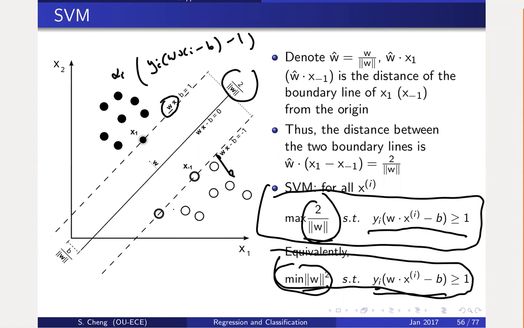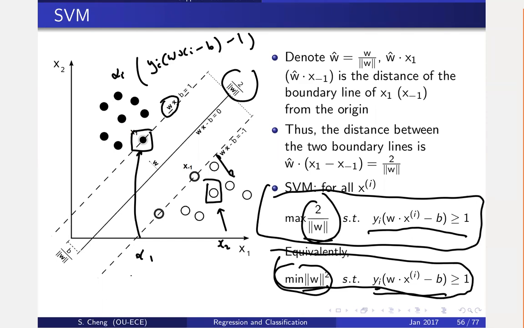Now, let me give you a probably not very obvious question, and I will see if you can answer that. Let's consider these 2 points here. Say this is a point x1, and this is x2.